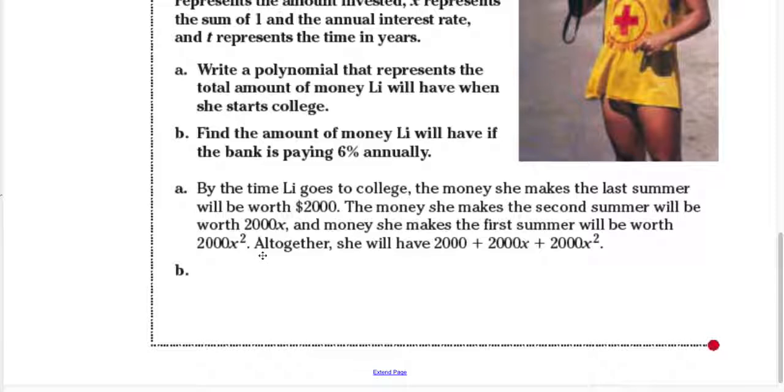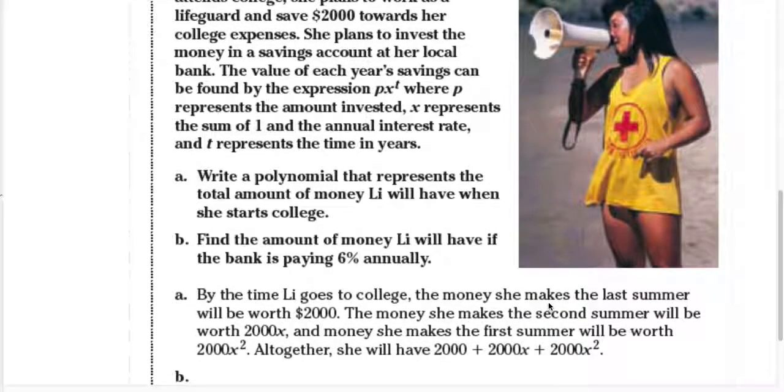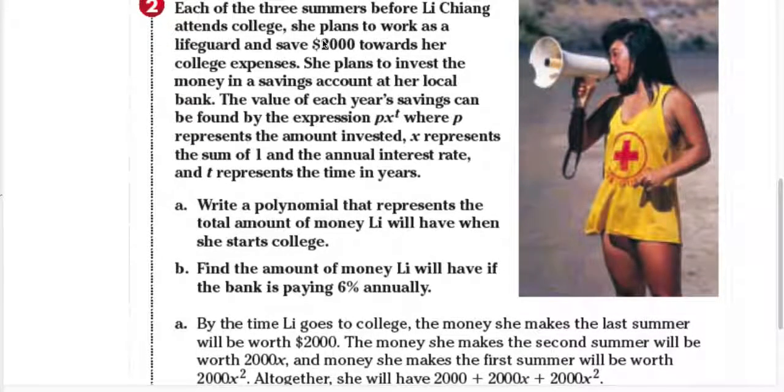So, writing a polynomial for this problem, she will have 2,000 plus 2,000x plus 2,000x squared. Why is that? Again, let's see why it's 2,000 plus 2,000x plus 2,000x squared. Because she plans to work and save $2,000 towards her college expenses.